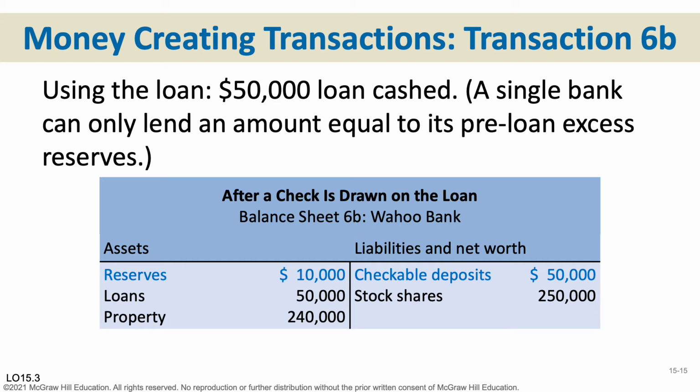Now calculate excess reserves again. Well, how much is our actual reserves? There's no cash account, so it's just $10,000. Here are our checkable deposits of 50,000. Our required reserve ratio is still 20%, so we multiply the checkable deposits by 20%. 50,000 times 0.2 is 10,000, so required reserves is 10,000.